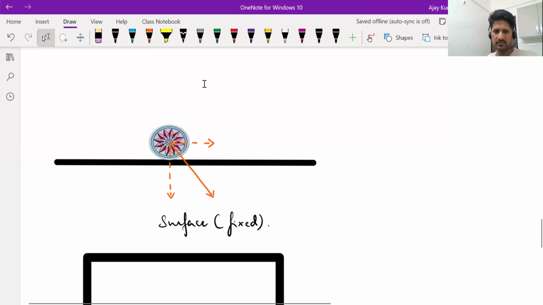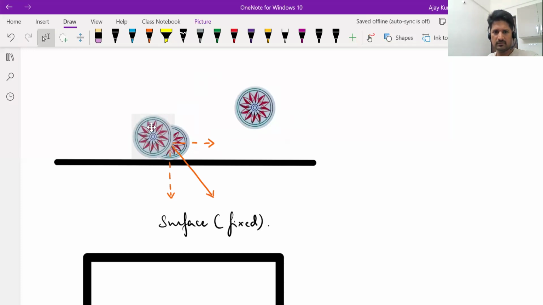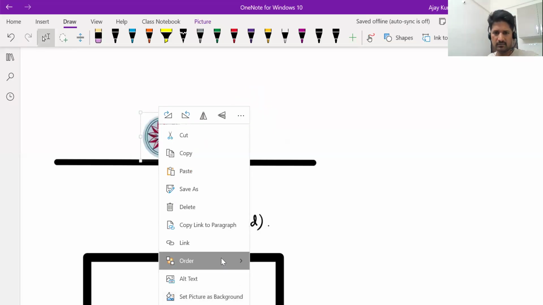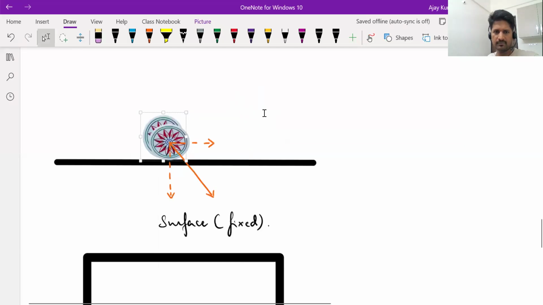There are multiple stages here, right? You can visualize it like this. This is just at the instant of collision. I'll send this back. Just when it collides, it is in perfect shape.